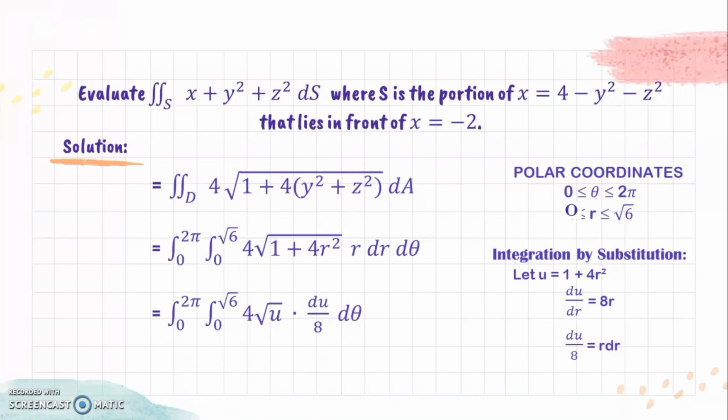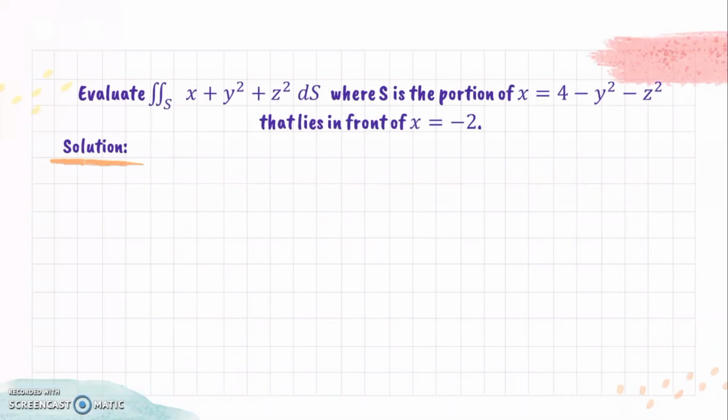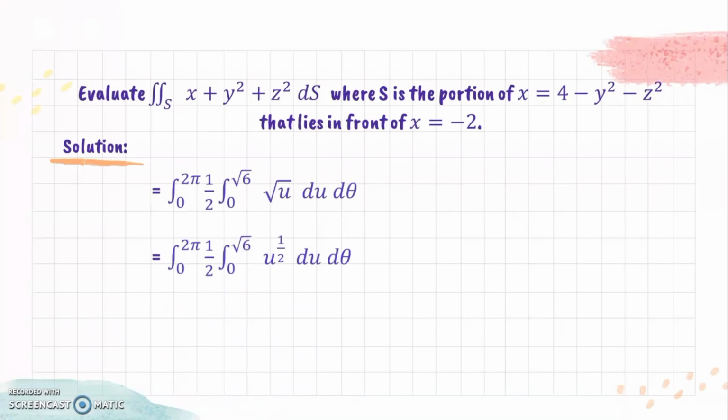So 4 divided by 8, we will be left with 1/2. Since it is a constant, we can place it outside. Now, the integral of square root of u, or u raised to 1/2, is u raised to 3 over 2 over 3 over 2. So, let's further simplify this before we proceed with the evaluation part.